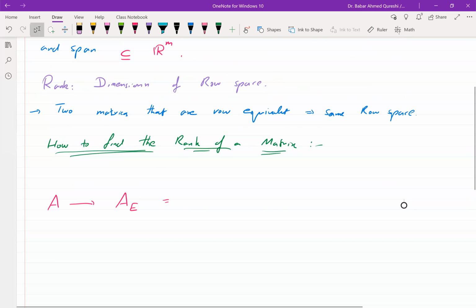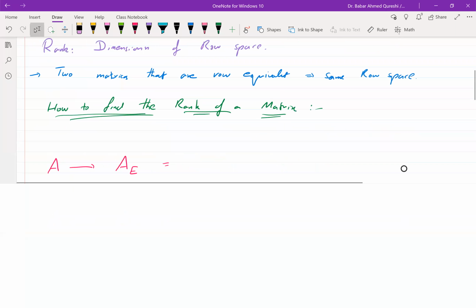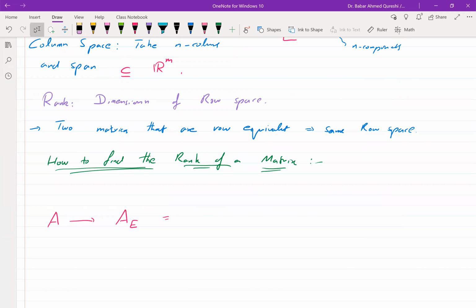I have written over here, dimension of the row space. So you take the rows, span, you'll get a subspace of Rn. Now that subspace could be Rn itself, or it could be a smaller space. So whatever the dimension of that smaller space is, that would be the rank.